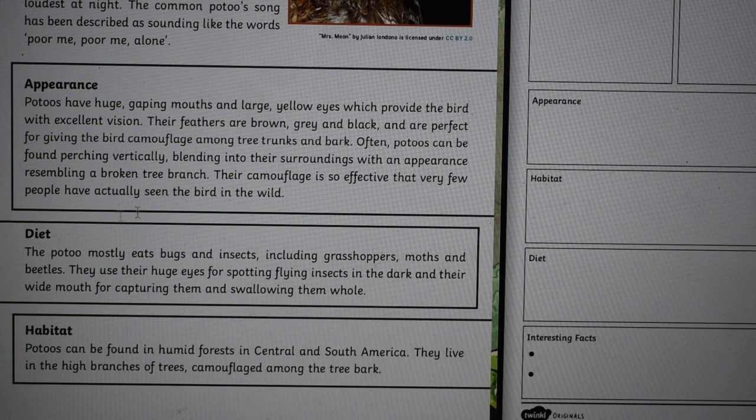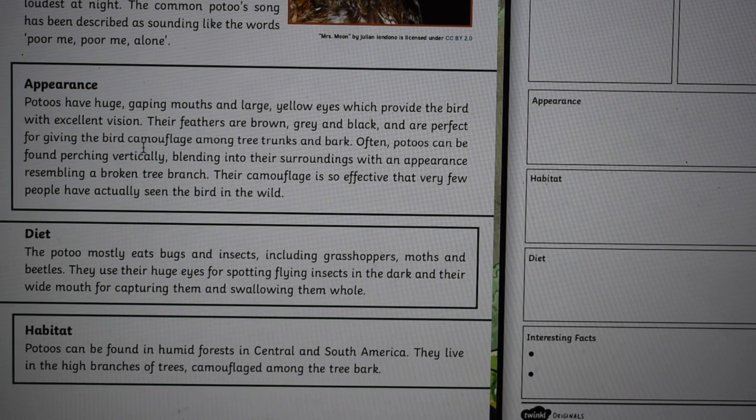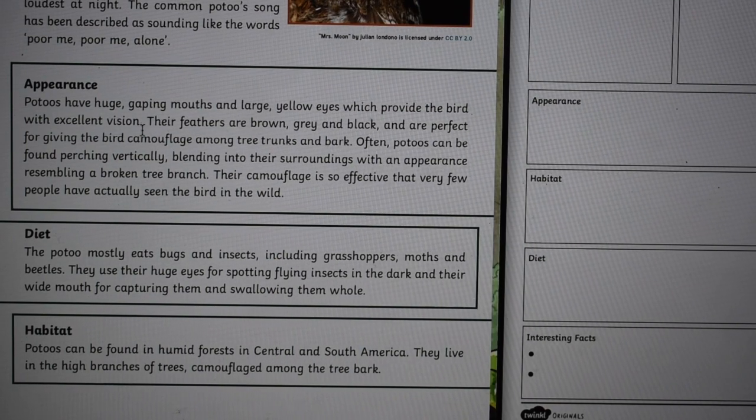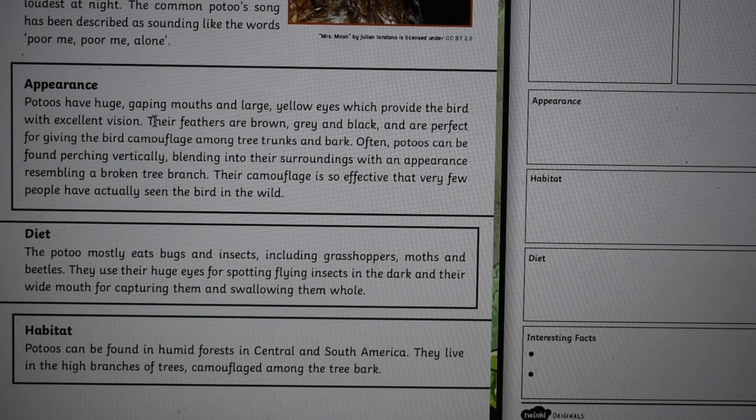So, from this paragraph, again, you're going to break it into 2 or 3 bullet points. From my point of view, from when I've read through it, remember, you're picking out that key information. We're not going to copy it word for word, but from my point of view, the main part that I found interesting here, or the biggest piece of information that I think is the most important, is the camouflage.